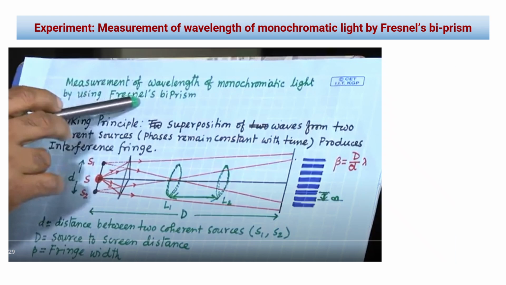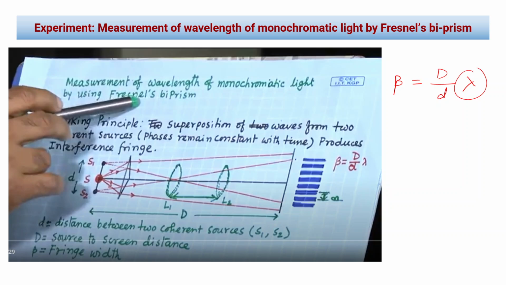Yeah, there was one experiment also based on Fresnel's biprism, which is the measurement of wavelength of monochromatic light. Just to understand the theory behind it: we know fringe width depends on the distance between screen and source, and the distance between the two sources of light, multiplied by the wavelength of light. Since they are coherent sources, of course, the wavelength is the same.